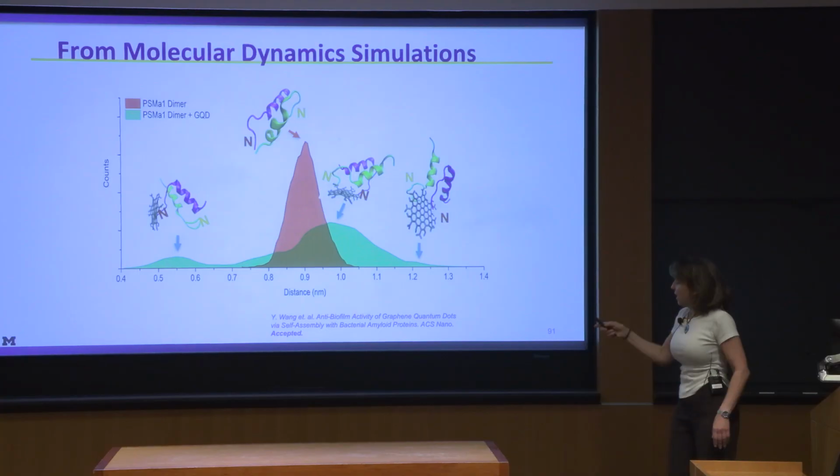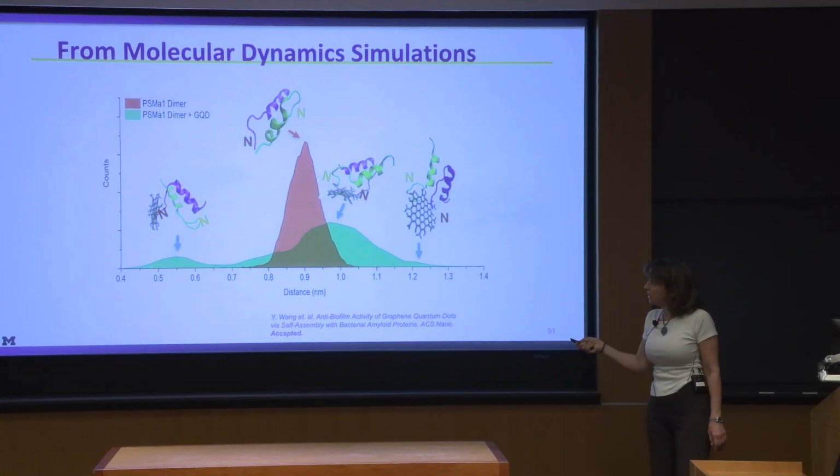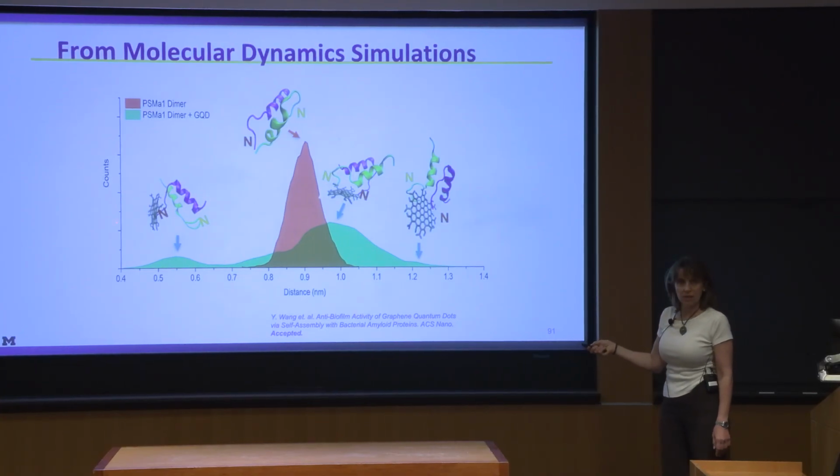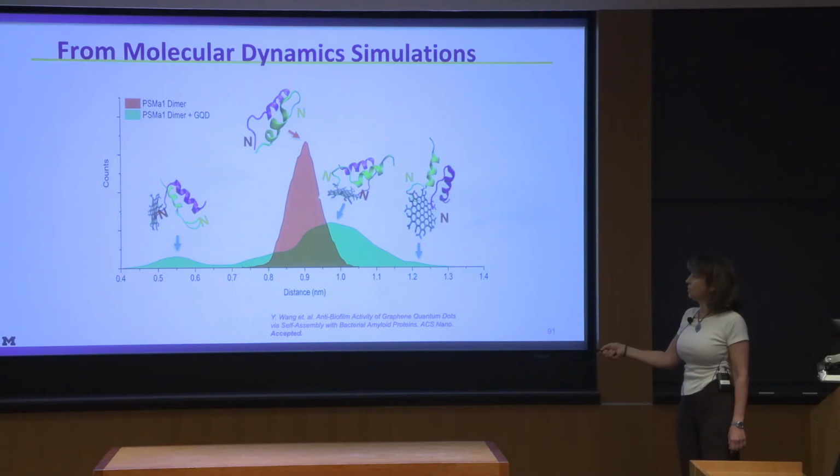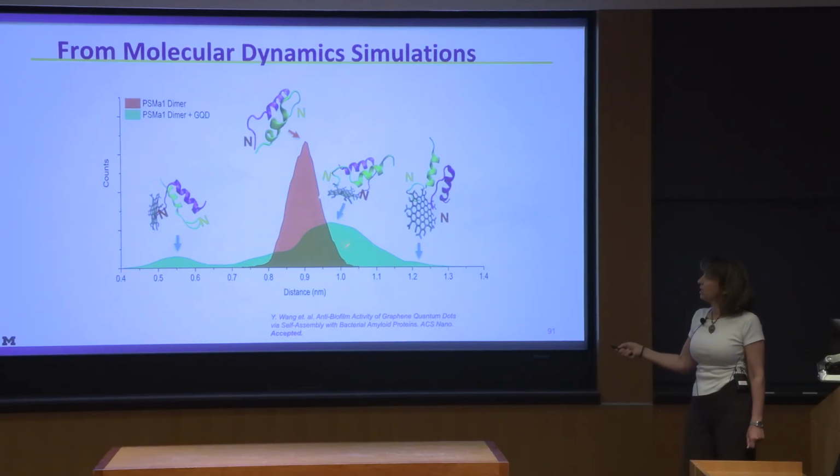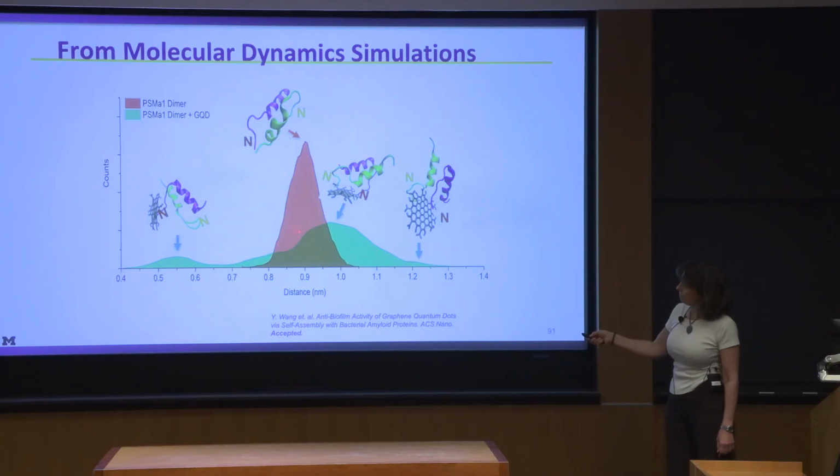They are here. In the moment you're adding a nanoparticle, now you have three things in the system. Now I have my green stuff here. What you see is that this peak is broadening, and you have different configurations that are formed. So no longer is there something only at this peak because of the distance, but there is a lot here, there is a lot in this other peak and in this other peak.